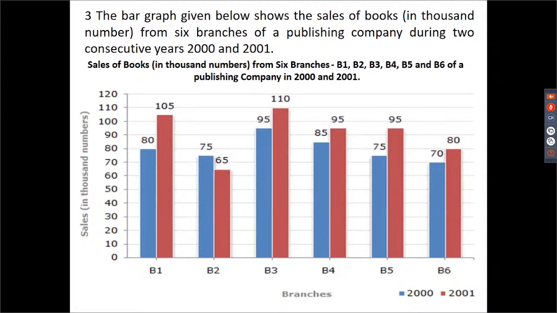The following bar graph represents the sales of the books of the different branches. Read the problem clearly.